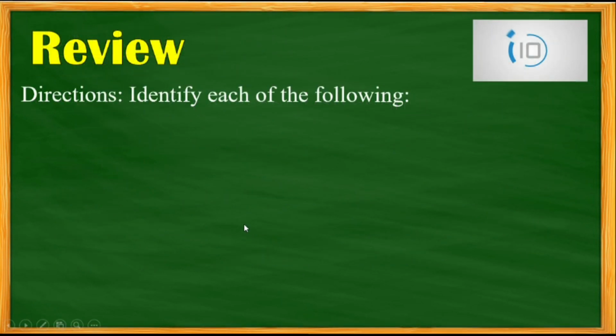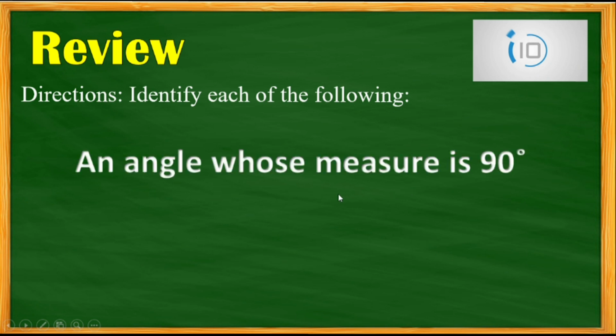So let's have some review first. Direction, you're going to identify each of the following figures or given sentences. You have 10 seconds. This would be the first question: an angle whose measure is 90°. You have 10 seconds, Grade 4 pupils.